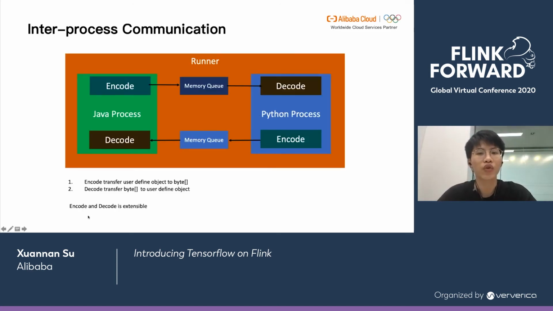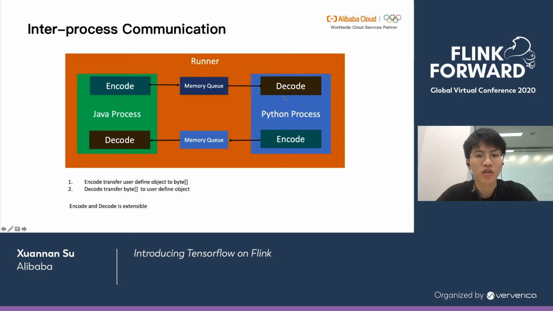And here's how we do the inter-process communication. We implement a memory queue that uses shared memory. The Java object will first get encoded and put into the memory queue.